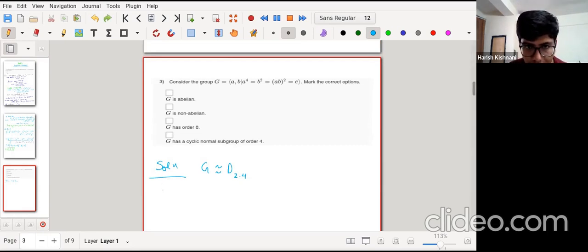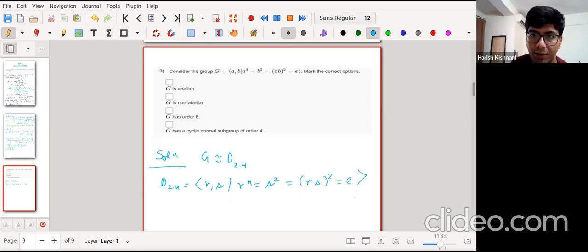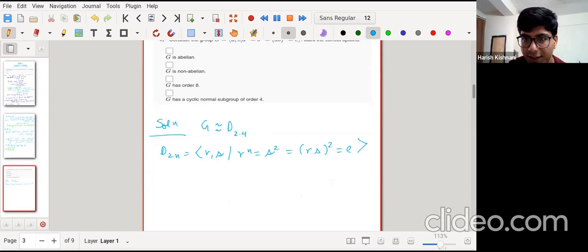In general, your D2n is generated by r and s, such that r^n equals s squared equals (rs) squared, that is equal to identity. At some places you might see this relation in a slightly different manner.